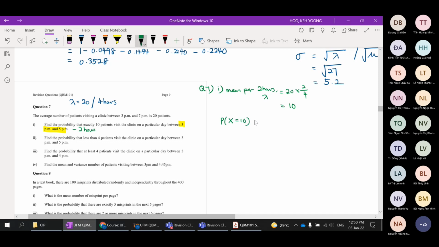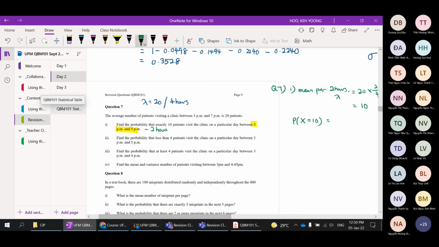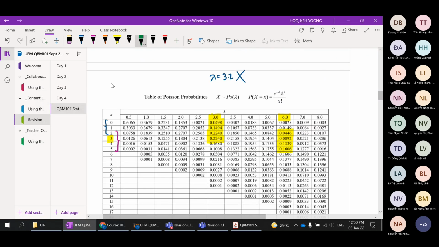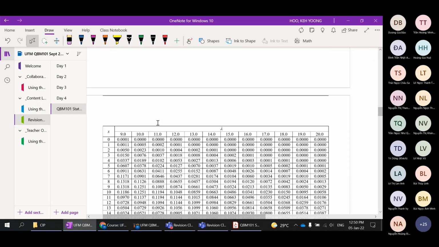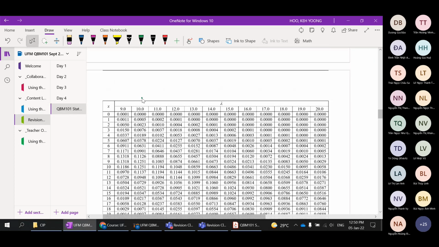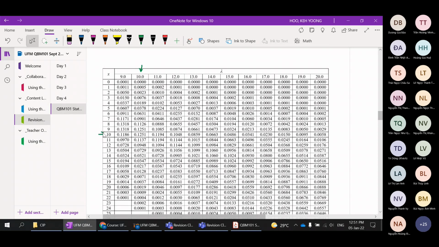So can you refer to the statistical table? Do you have 10? Yes, you actually have 10. Lambda equals to 10, x equals to 10. So the probability is 0.1251.